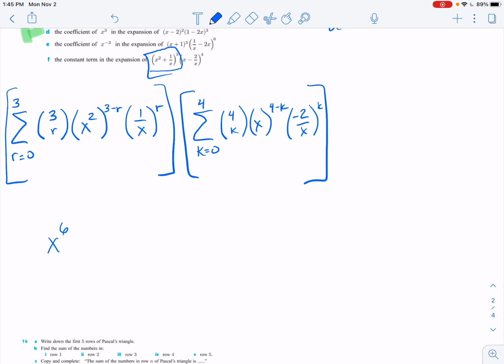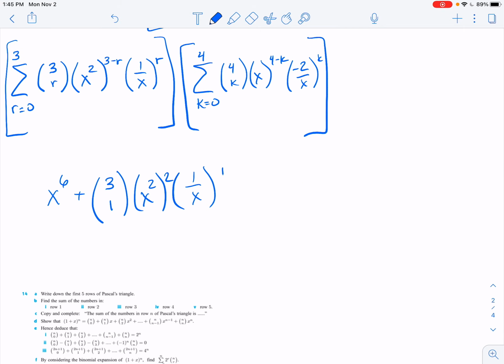And then the next term, it's going to be plus 3 choose 1 times x squared squared times 1 over x to the 1st. And so 3 choose 1 is 3. This would be x to the 4th minus an x from that one. And so this gives me plus 3x cubed.